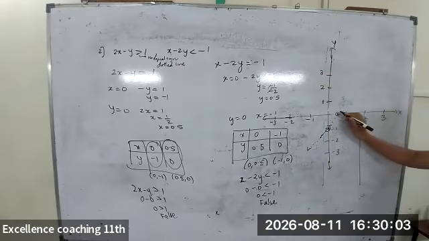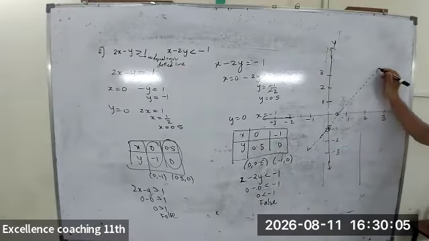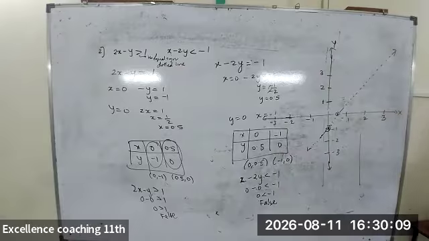So, this you join using dots. Even if you have drawn already the line, just put some dots on that. That's okay.